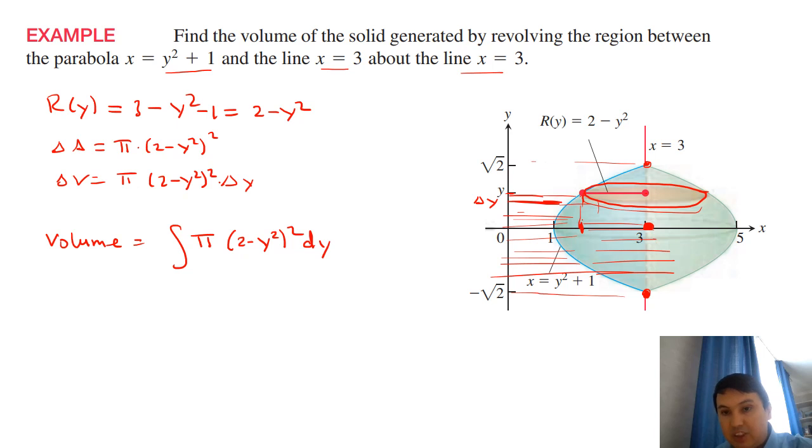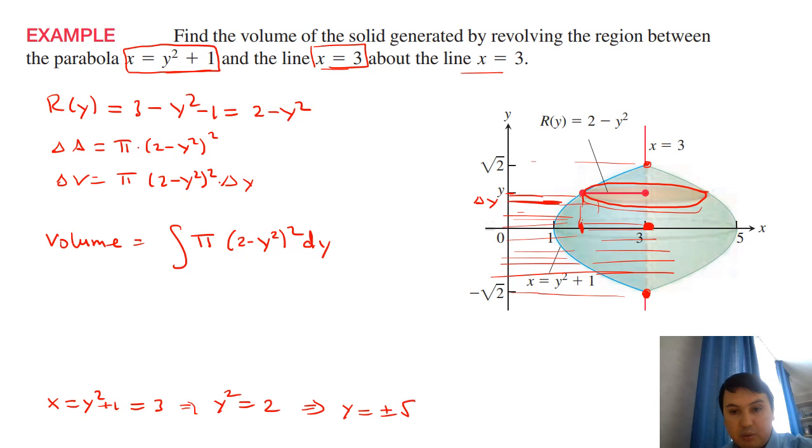This is the intersection point of the parabola and the line x equal to 3, so you equate the two. x is equal to y squared plus 1, which must be equal to 3, so y squared equals 2, which gives me y equal to plus or minus square root of 2. Hence the limits run from minus square root of 2 to square root of 2.